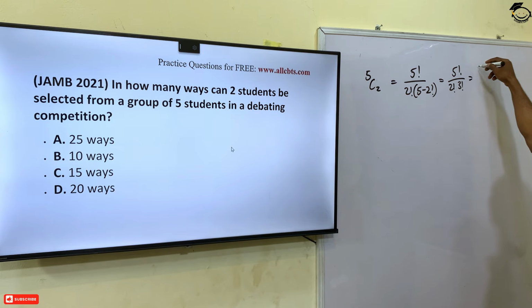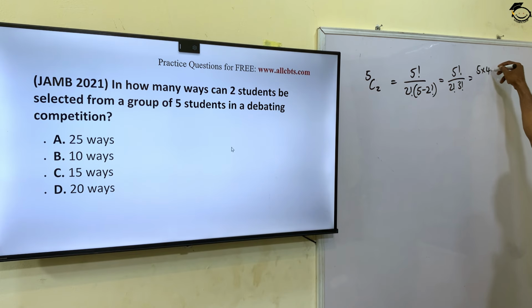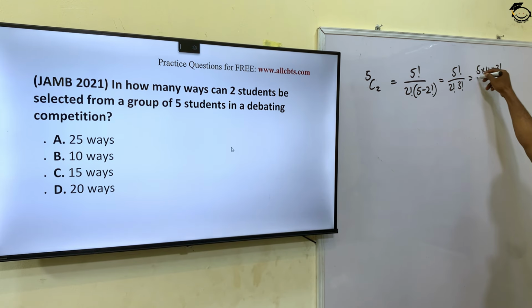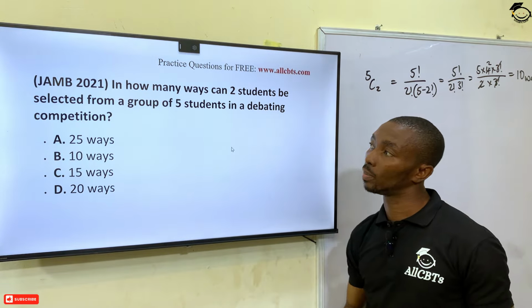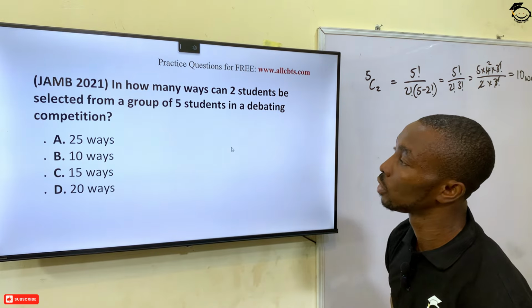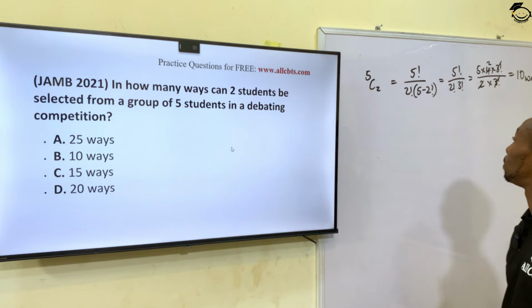So our 5 factorial will be 5 times 4 times 3 factorial all over 2 times 3 factorial. So cancelling this, 2 here 1, 2 here 2, giving us 5 times 2, 10. So that would be 10 ways. So in 10 ways can 2 students be selected from a group of 5 students, which is option B.